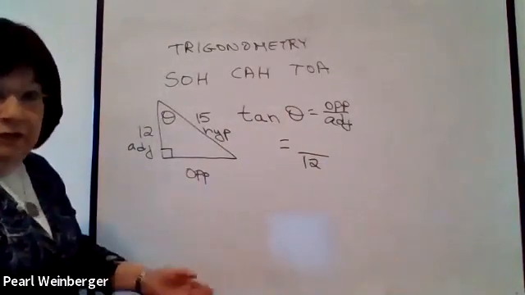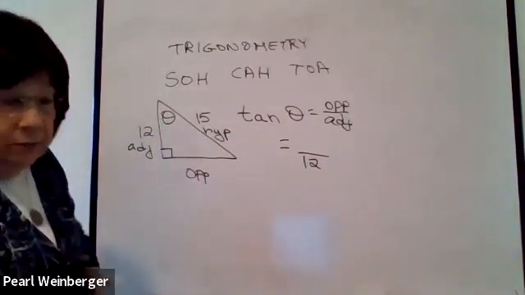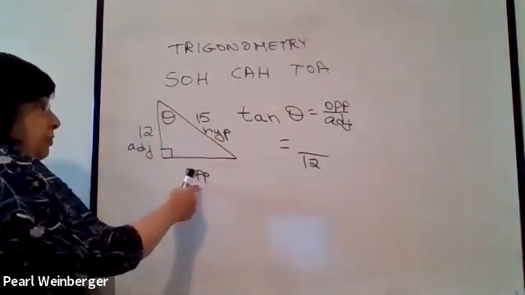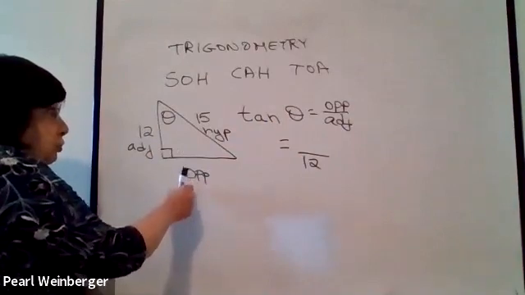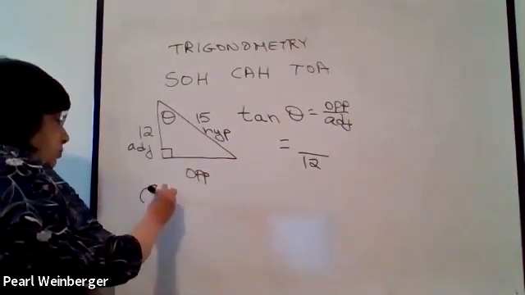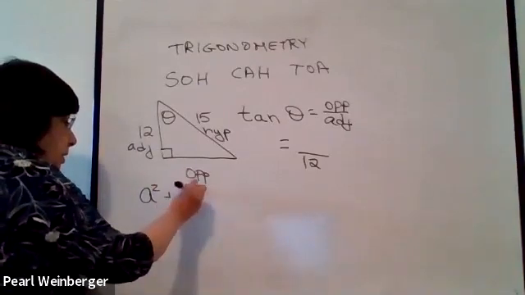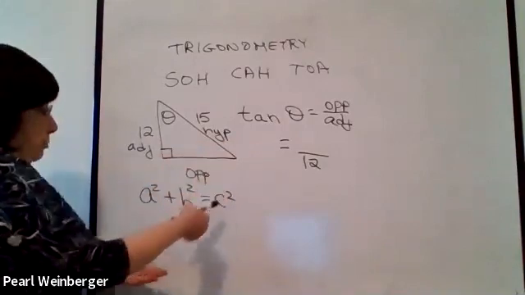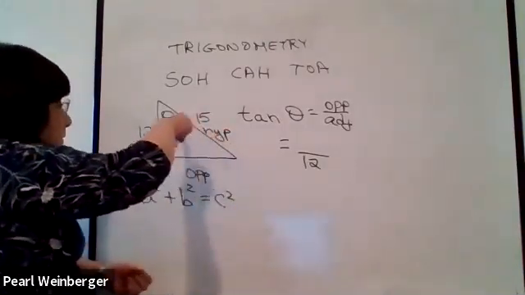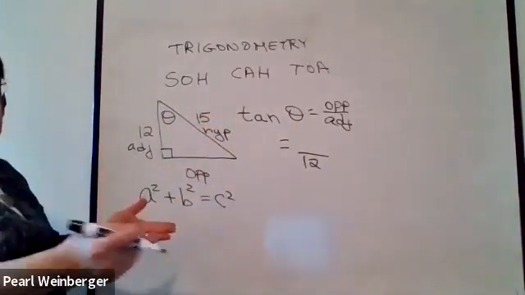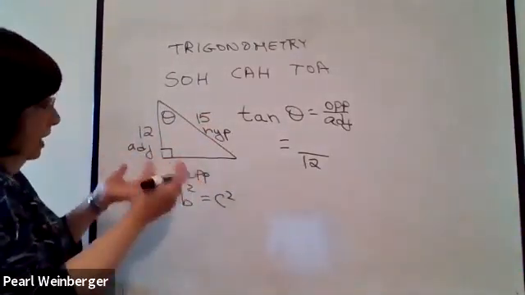So the first thing I have to do, and I see that Cheryl already was figuring it out, is figure out the third side of the triangle. Remember, we always do a squared plus b squared equals c squared. Now, sometimes I don't need that. Maybe they had asked me to find something that just needed adjacent and hypotenuse. But in this case, I need the opposite side.